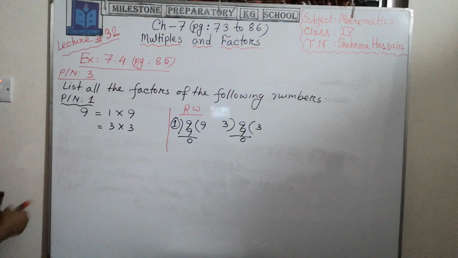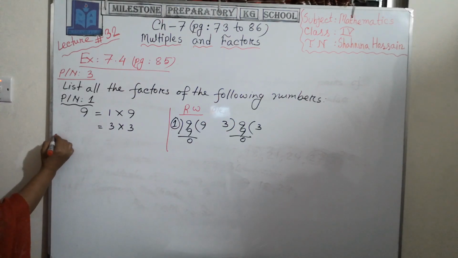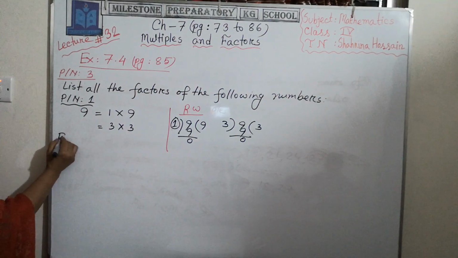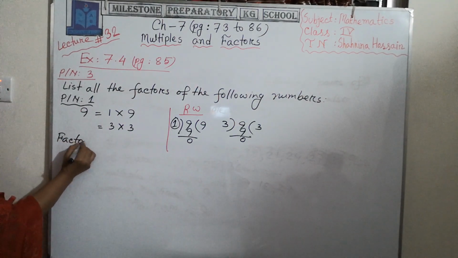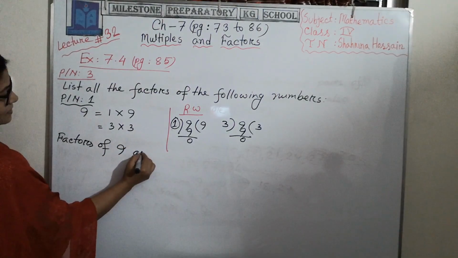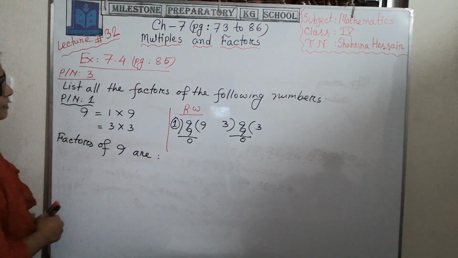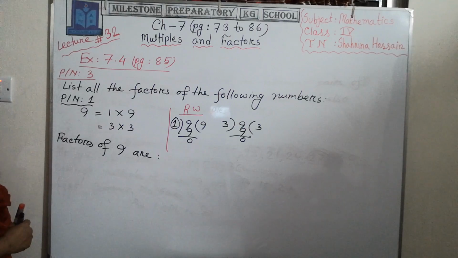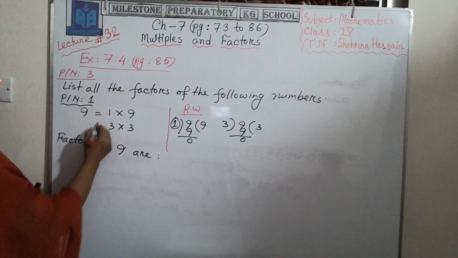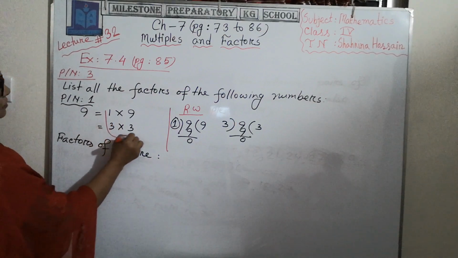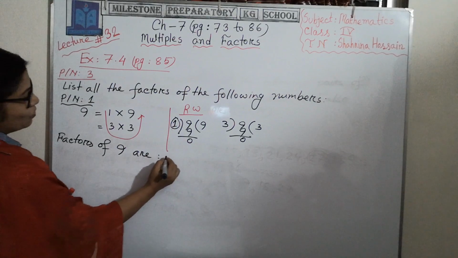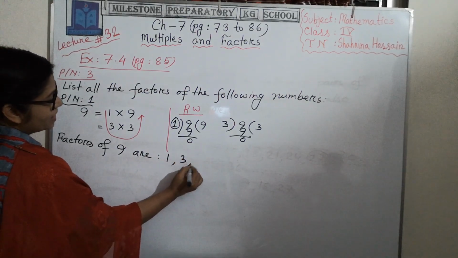So factors of 9 are, we write the factors in a U shape. Okay, we follow it this way. So here the factors are 1, 3 and 9.